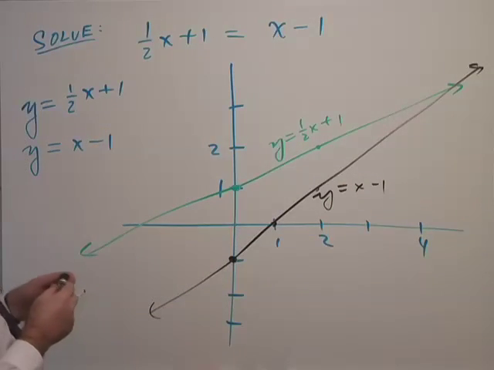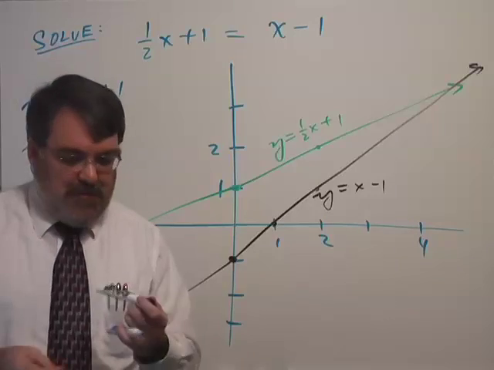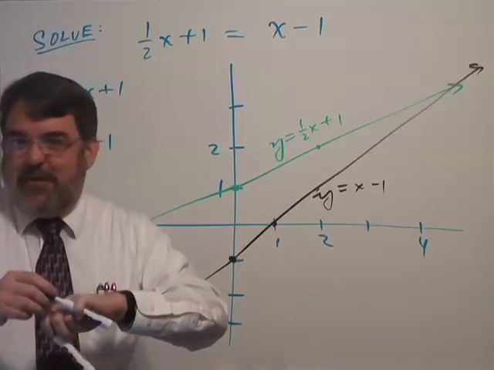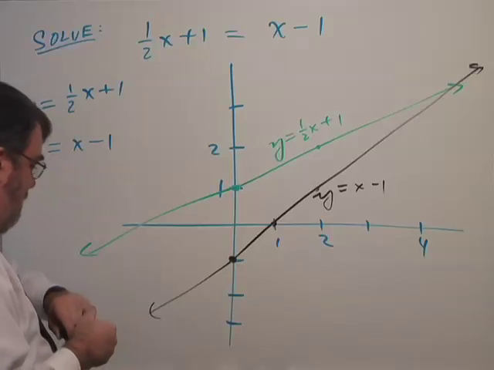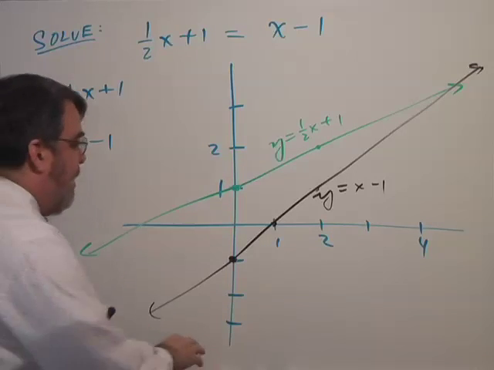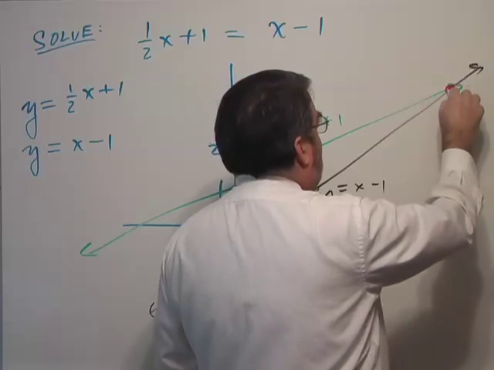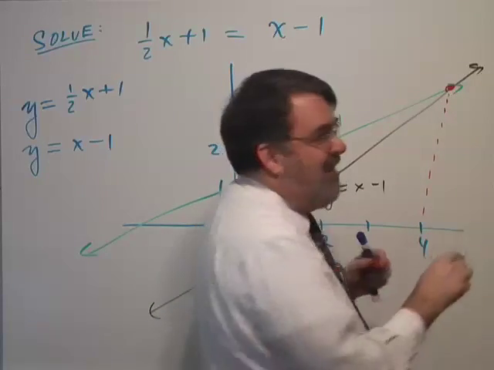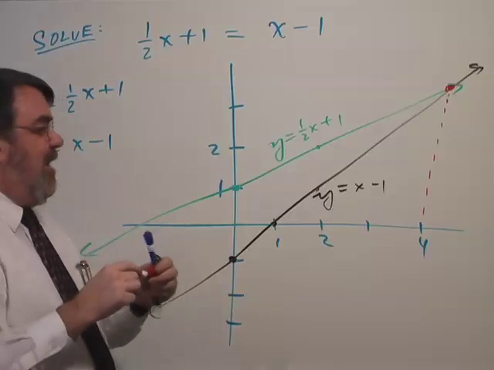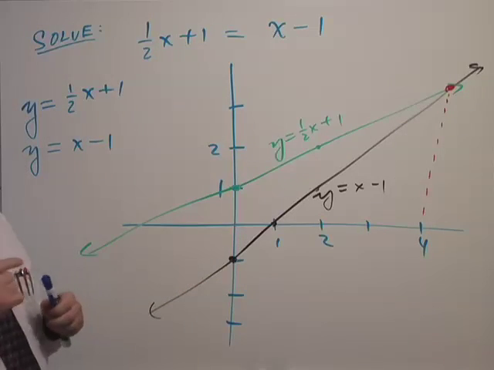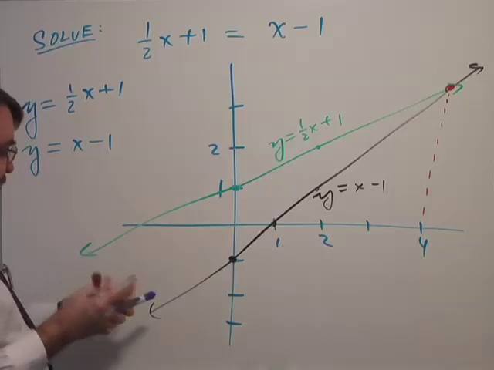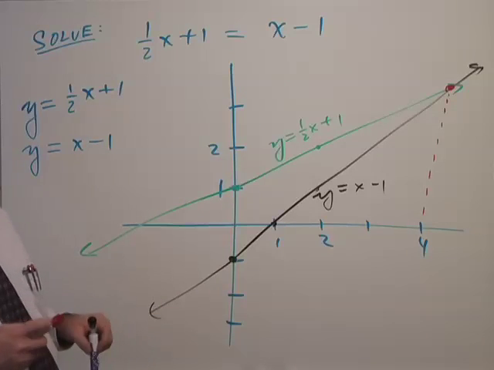Well, I'm off a little bit. I don't have graph paper up here. I don't have a big ruler I can use, so my graph is a little bit off. But I'm hand drawing this, and that should be exactly at x equals 4. Try it on graph paper, and you'll find that's absolutely true.